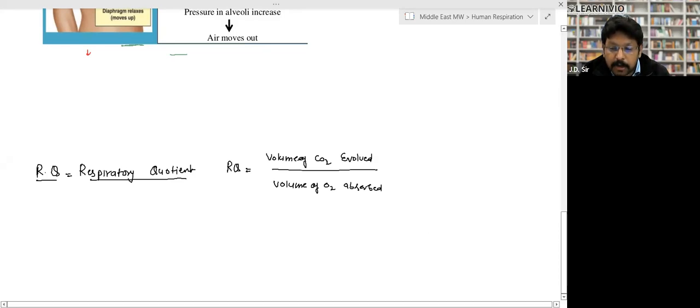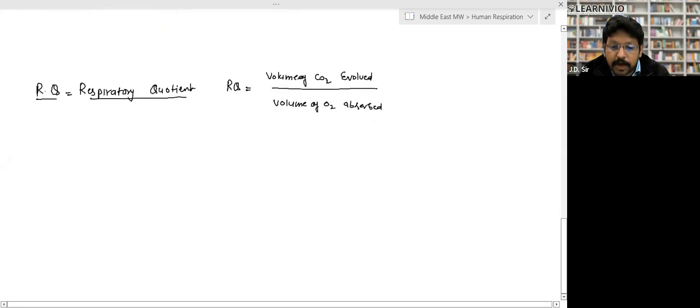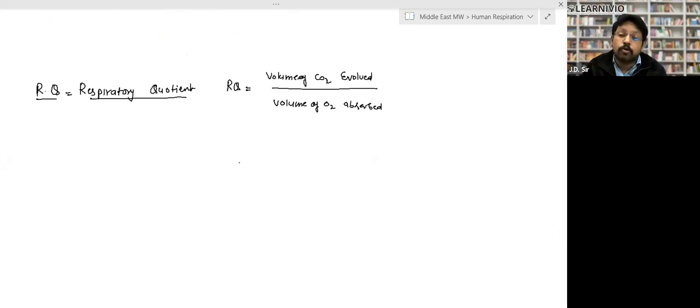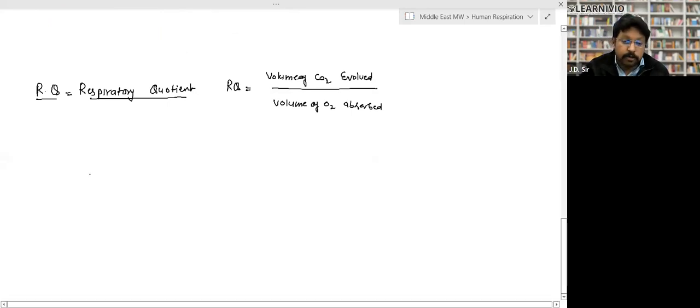Then I will take data on how much CO2 evolved after its burning, and during the burning process, how much O2 is utilized. That is called RQ, right? This is very important for your medical examination.